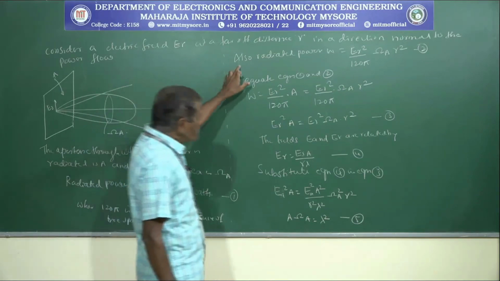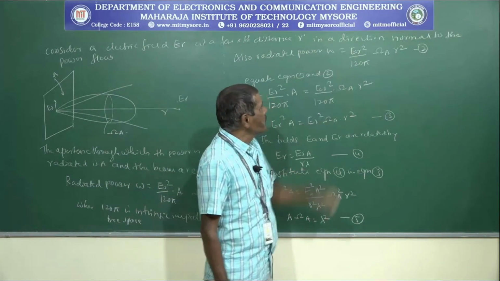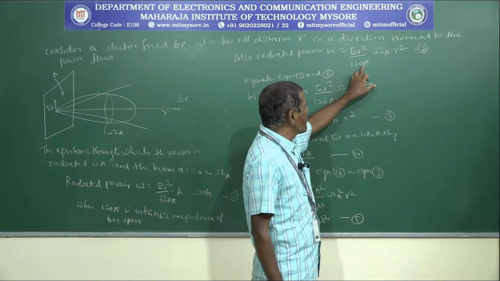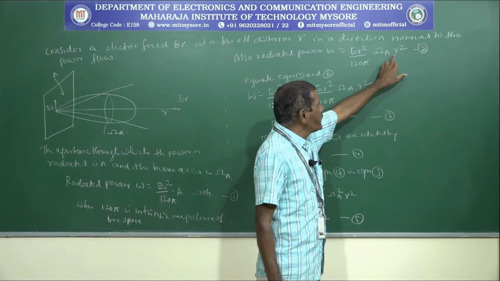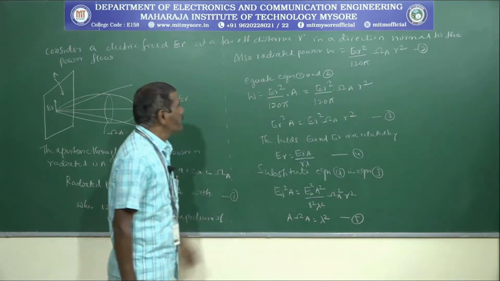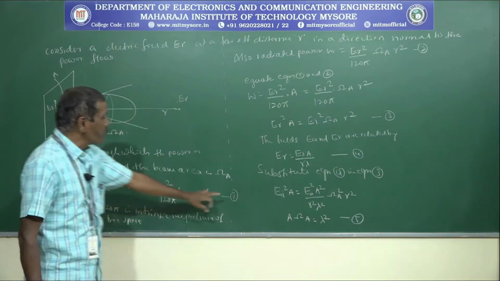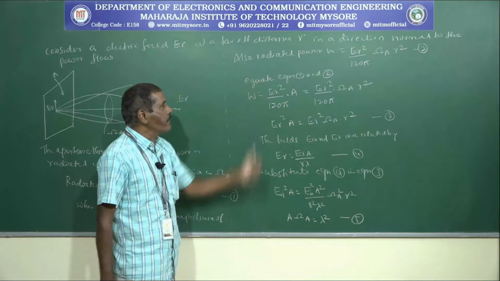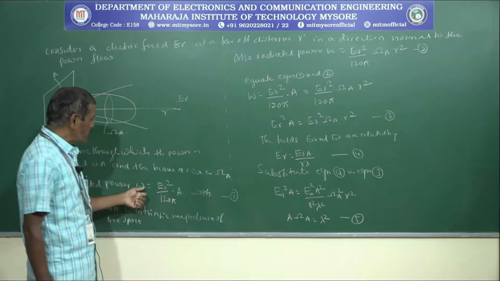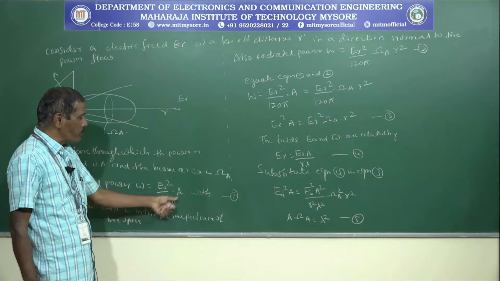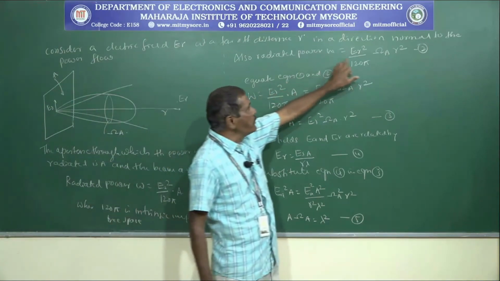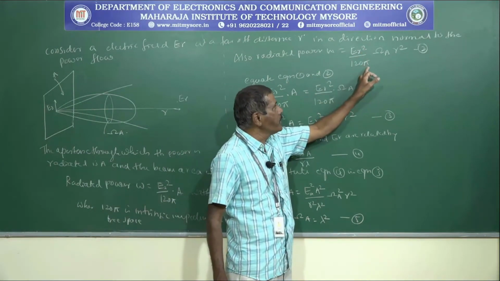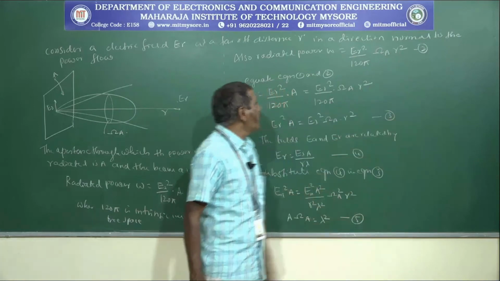Also the radiated power W is equal to ER square divided by 120 pi omega A into R square. Now we will equate equation number 1 and 2. W is equal to EA square divided by 120 pi into A, and W is equal to ER square divided by 120 pi omega A into R square.